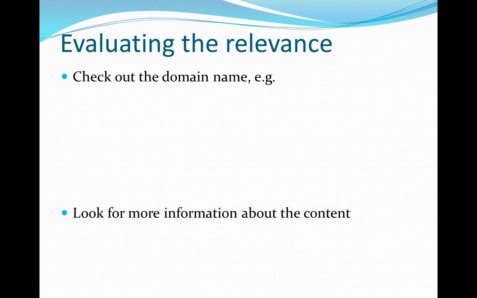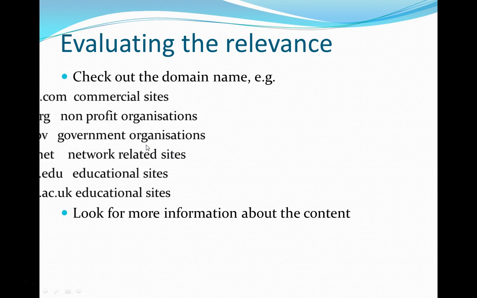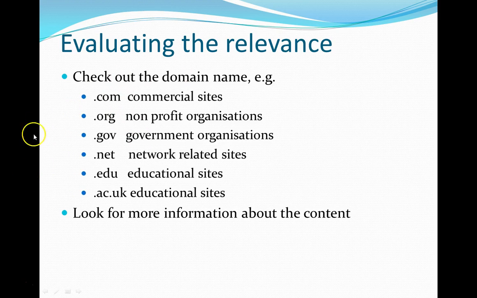Okay, the domain name will give you a lot of information into how trustworthy, how reliable the website is. .com is commercial sites. Now we would generally not use .com sites.